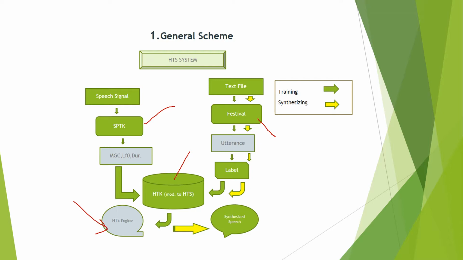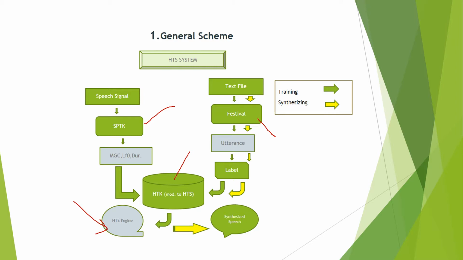On the other side, on the front end of the system, we have another speech synthesis piece of software which is called Festival. In this case, we're not going to use Festival to synthesize the speech, but we're going to use the system to separate a text file that we type into the computer. Festival separates that phrase or utterance typed into a label file.